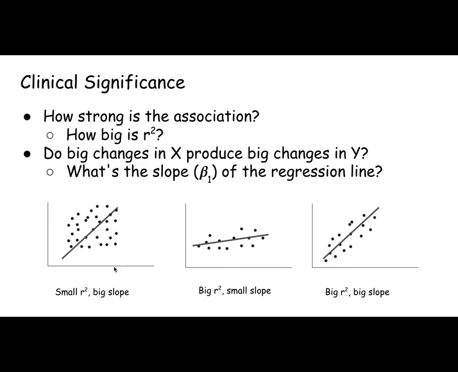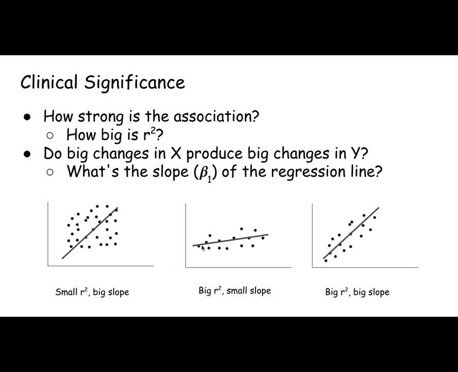What you'd like to see is a big R squared so that you've got a strong prediction, and you'd like to see a steep slope. So you'd like to see that a small increase in the amount of counseling produces a big increase in the likelihood that they're not going to wind up back in prison.